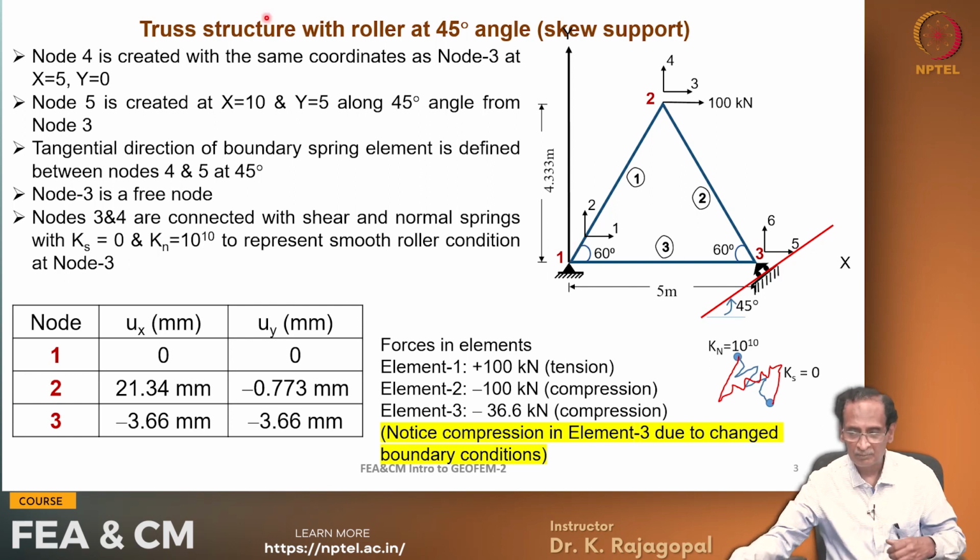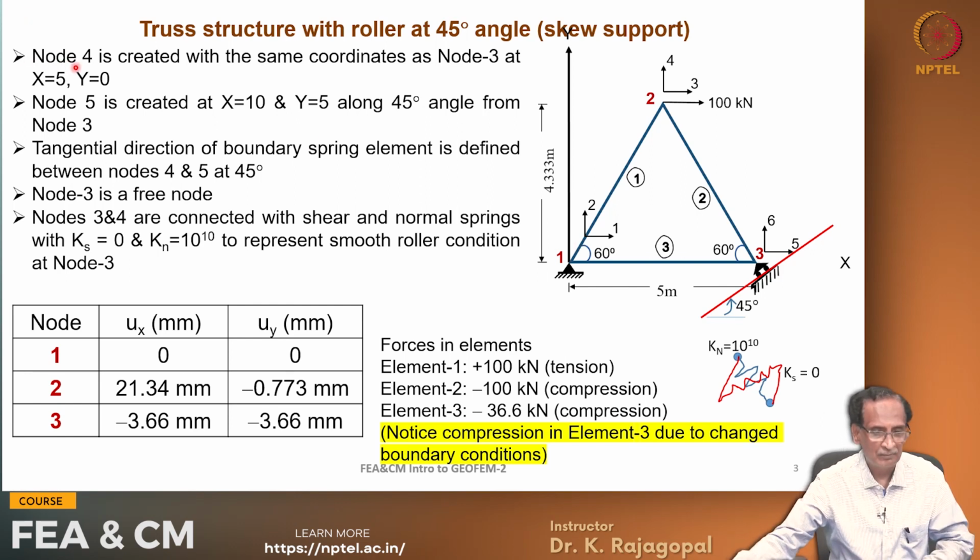So, what we can do is we create an additional node 4 at the same location as node 3, that is at x equal to 5 and y equal to 0, so that we can introduce a nodal link element here.